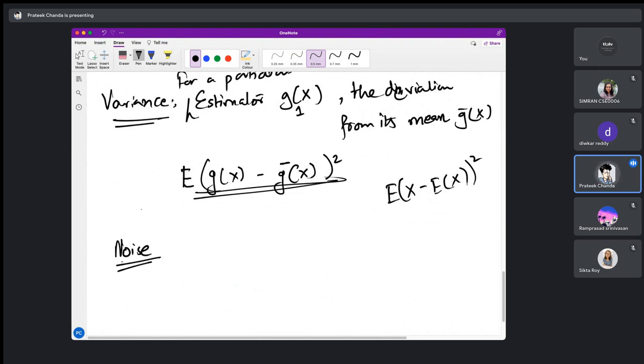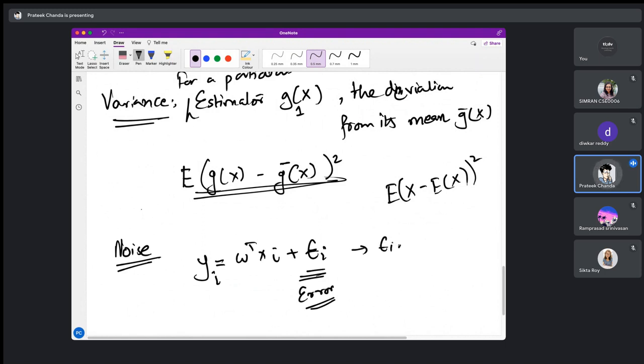If you remember, in the linear regression setting, I have something like y_i equal to w transpose x_i plus some error or noise. This is an unavoidable error. In many cases, you can't reduce this error to zero.